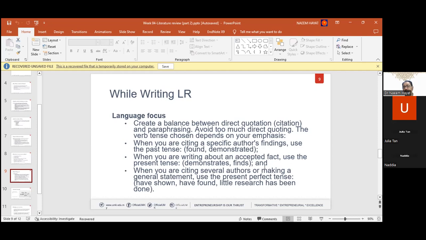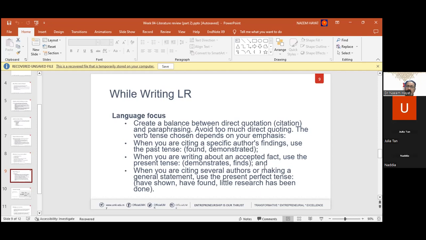When you are giving an accepted fact that is still present, use the present tense, such as the literature demonstrates, the literature finds, or there are established facts. So when we are using the previous work of people, we use the past tense. When we are giving an accepted or normal fact at hand, we use the present.